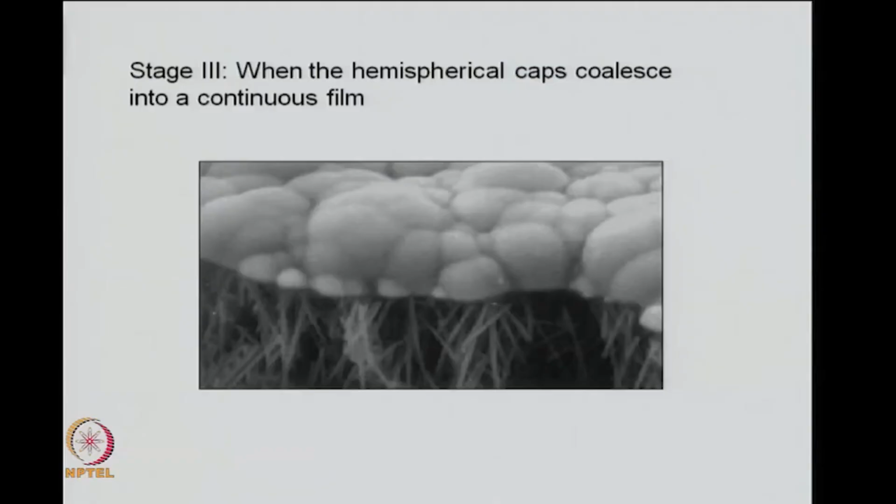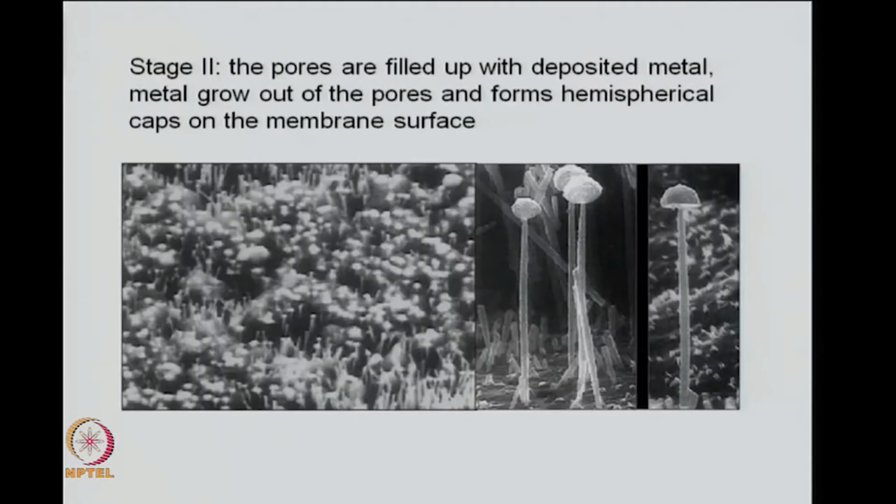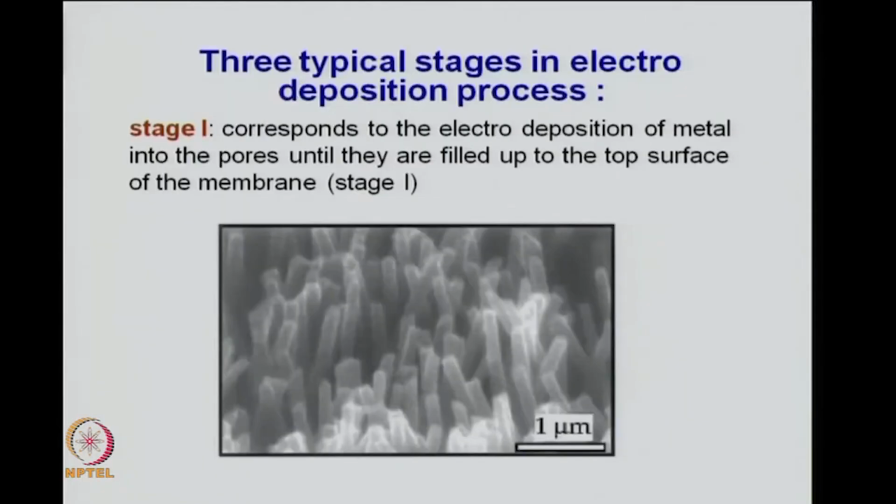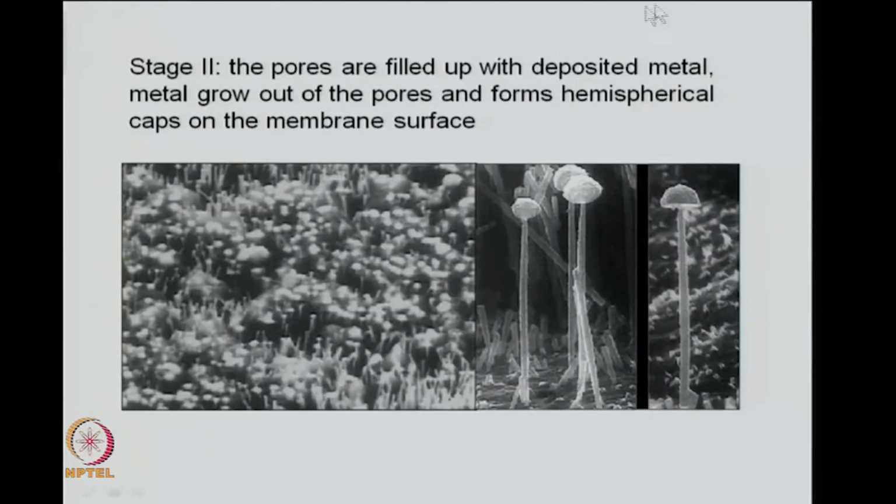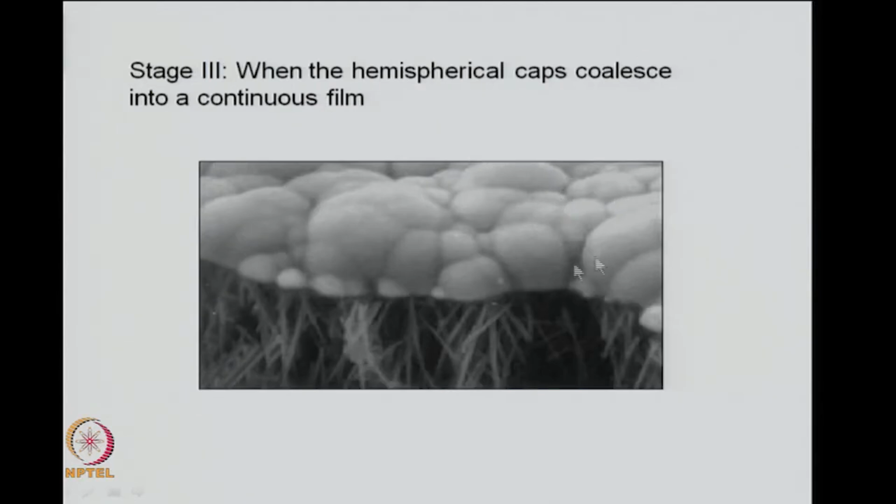Then if you continue further, these kind of umbrellas or mushrooms which you saw in stage 2, if you allow the film to grow further without removing the templates, then the mushrooms will flow over to each other and get connected, and that is when you see this kind of coalescence of the mushrooms.